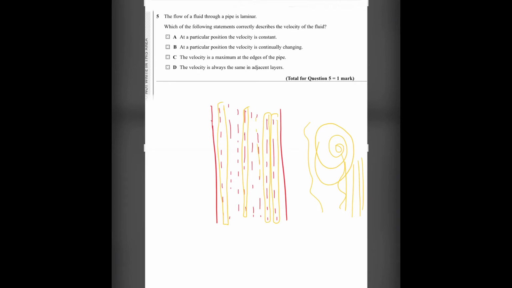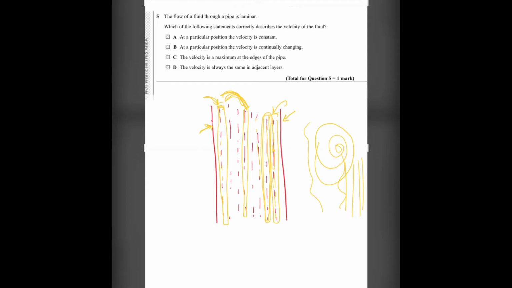In a laminar flow, adjacent layers have different velocities, and within a particular layer the velocity is the same. Between two layers there are differences in velocities, and the pipe has a surface like this, so the layers near it have a lower speed because there is friction between the water layer and the pipe.